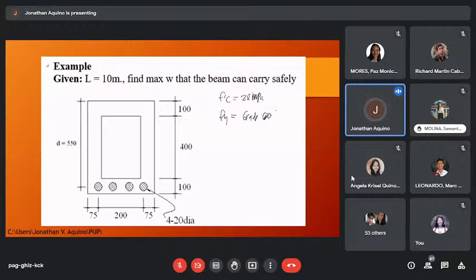Grade 60 or 60 ksi. So this is equivalent to 170 megapascal yung fs.